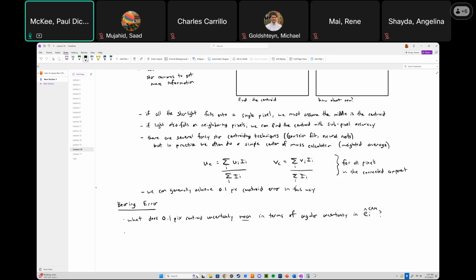We haven't talked about that yet, but the angle swept out by an individual pixel is called the instantaneous field of view, or IFOV. I'll hear people say IFOV. Okay.